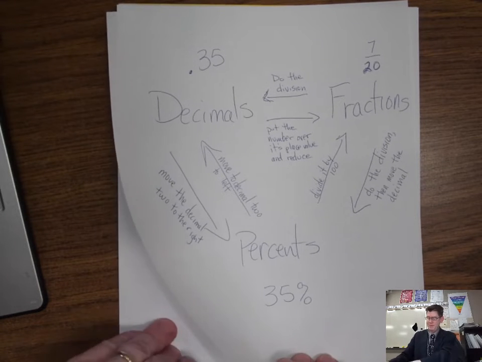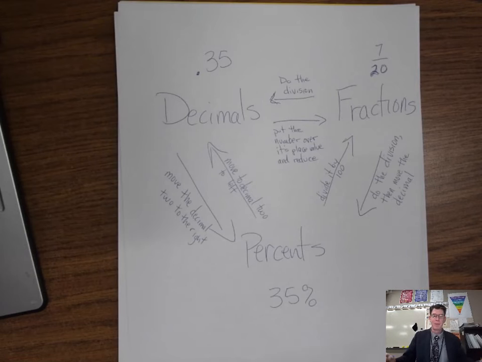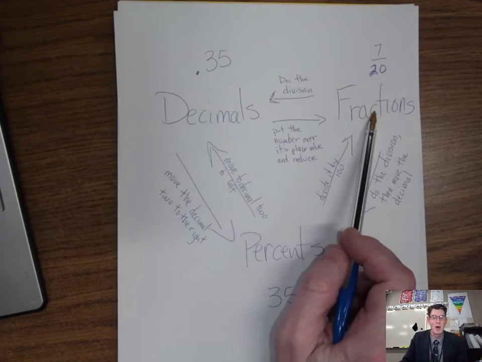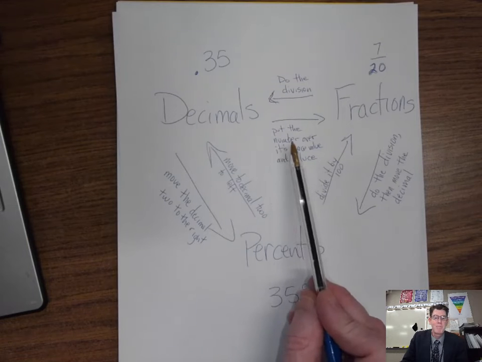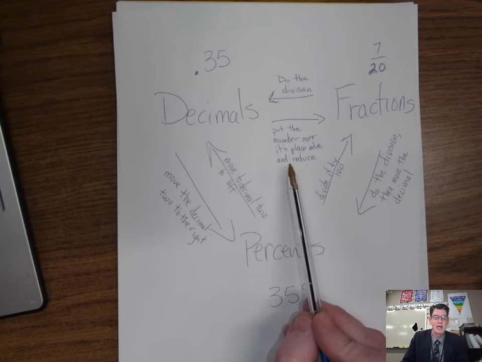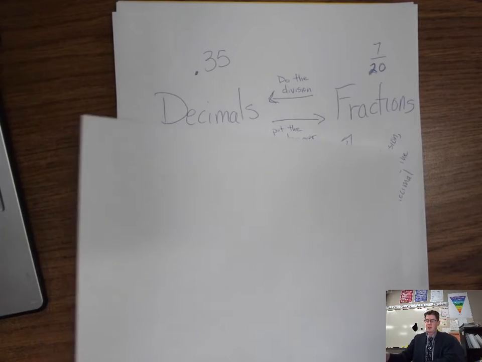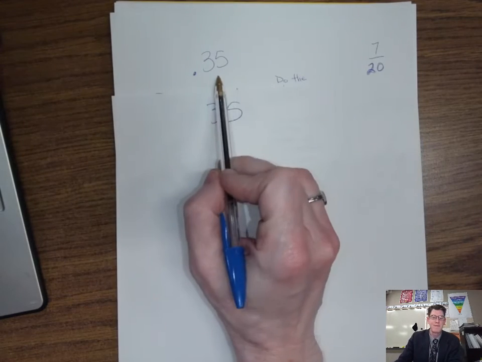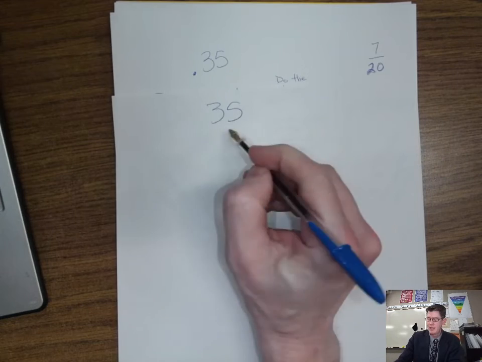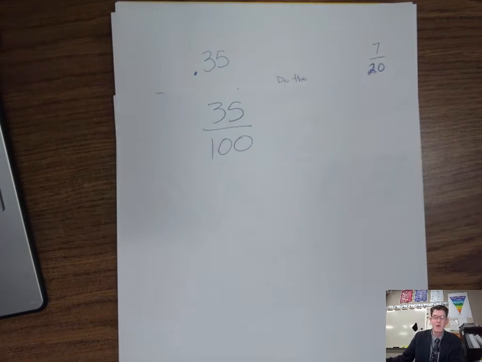So, for example, if I have the decimal 0.35 and I want to turn it into a fraction, well, let's see this arrow. I put the number over its place value and then I reduce. So the 0.35, I put it over its place value, that's 35 hundredths. So I put 35 over 100.